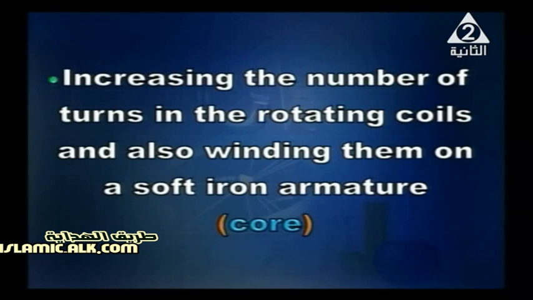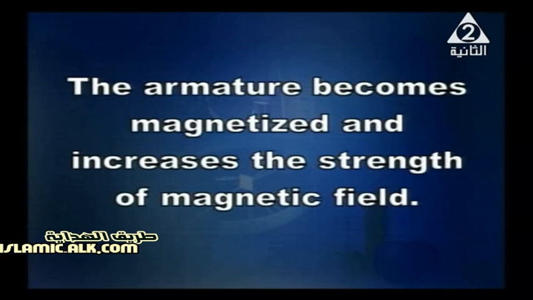Also, the power can be increased by increasing the number of turns in the rotating coils, so by increasing the number of turns on each coil, and by winding them on a soft iron core or soft iron armature. What is the function of the armature? The armature becomes magnetized, so it increases the strength of the magnetic field inside the motor.